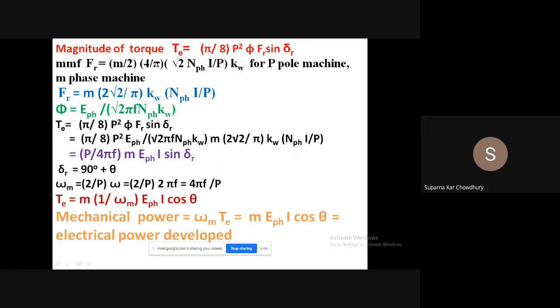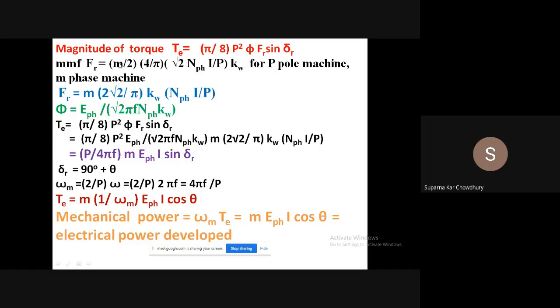Now this is a magnitude of torque; I neglected the sign here. So the rotor magnetic field created by this will be m by 2 into 4 by pi, where m is the number of phases.